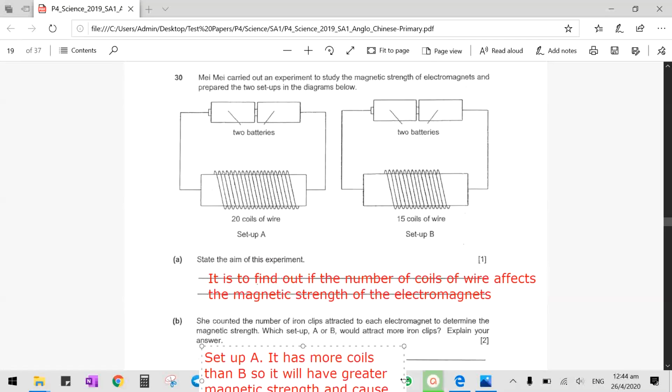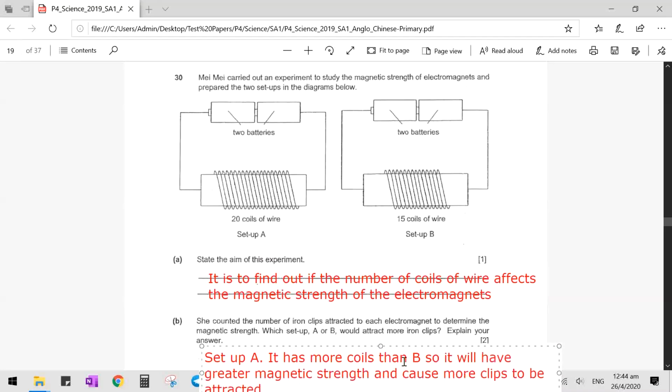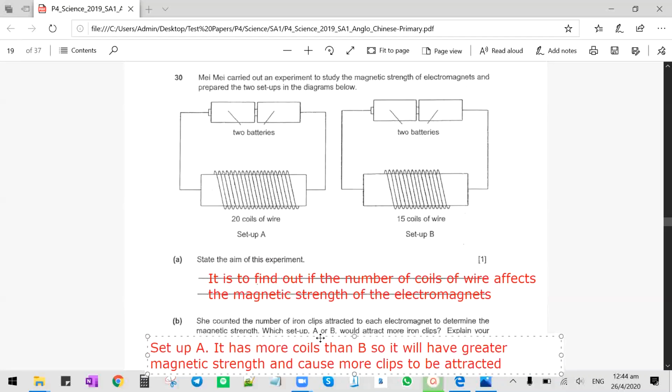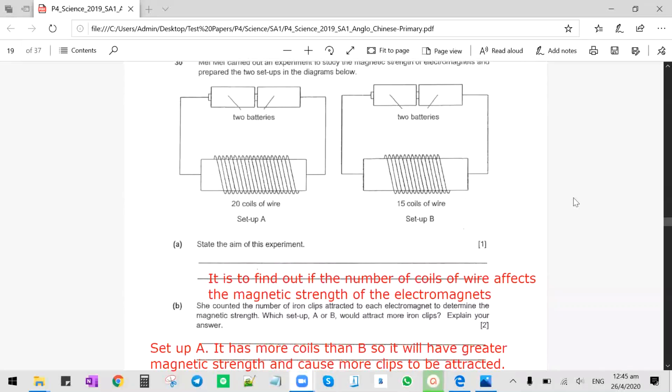Let me pull this out so that you can read it. This is the answer. I'll have to clear it before I can scroll down.